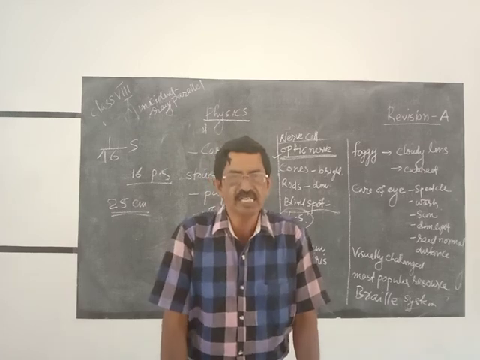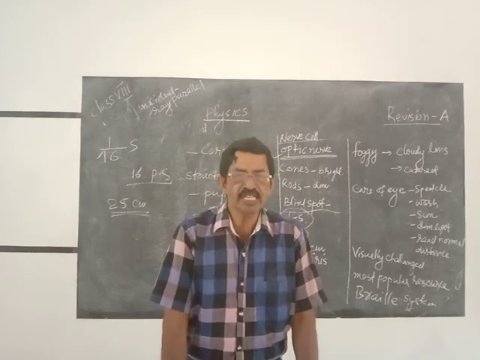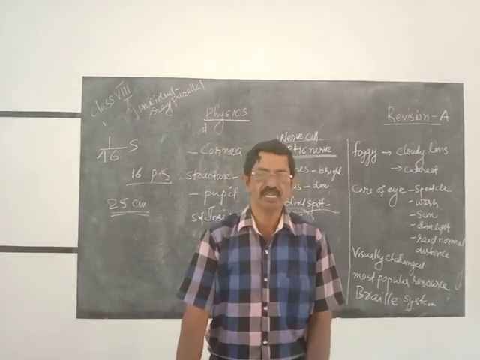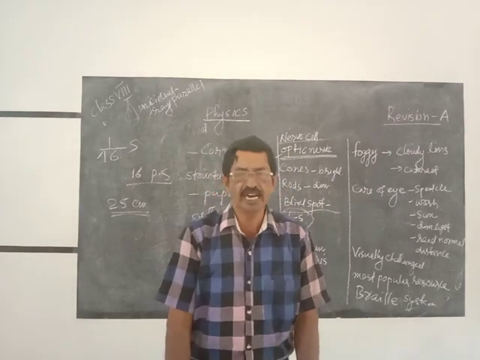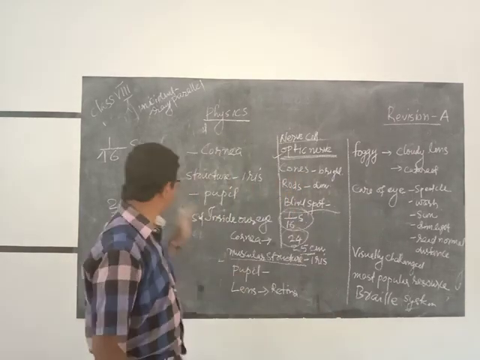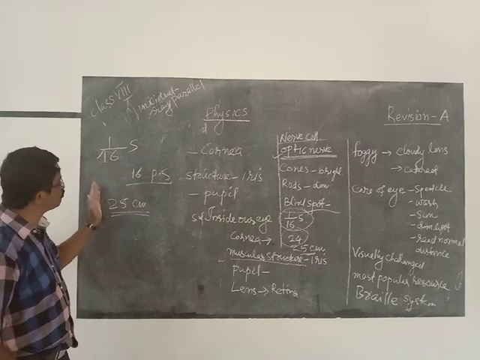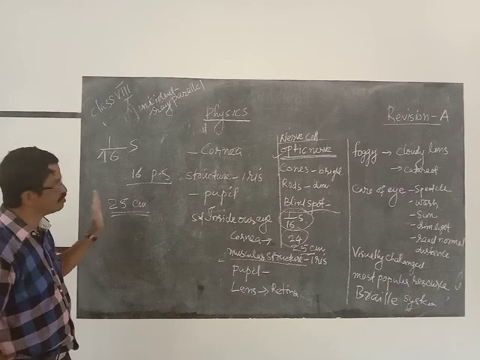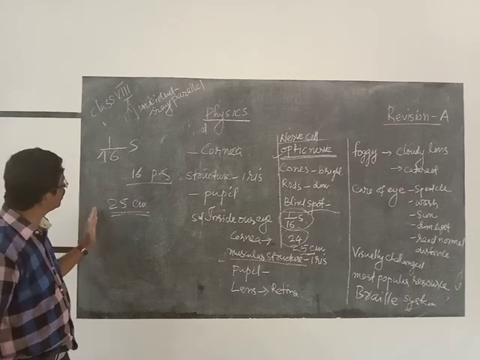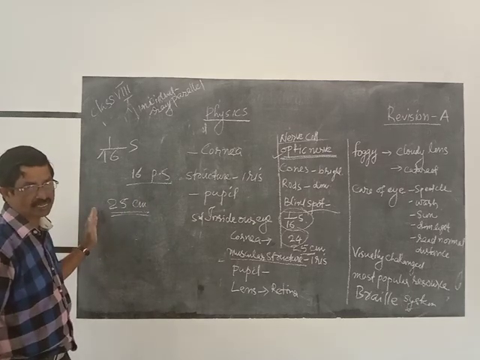That minimum distance is called the least distance of distinct vision, and for a healthy eye it is about 25 centimeter. So to get a clear vision, the object must be at least 25 centimeter from our eye.